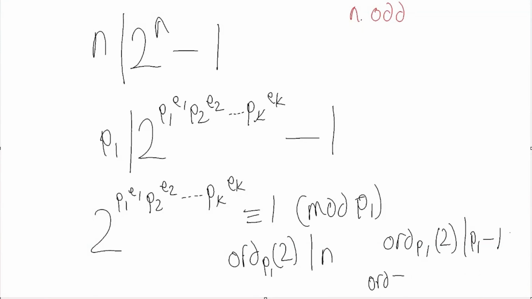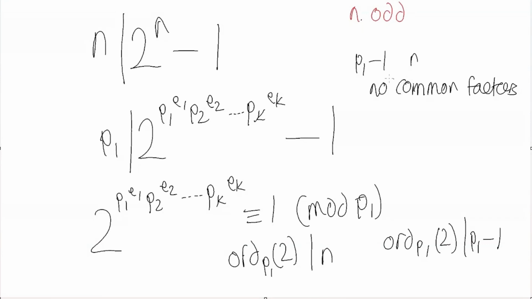And that's bad. So therefore, the magical condition that we want is that P1 minus 1 and n have no common factors.